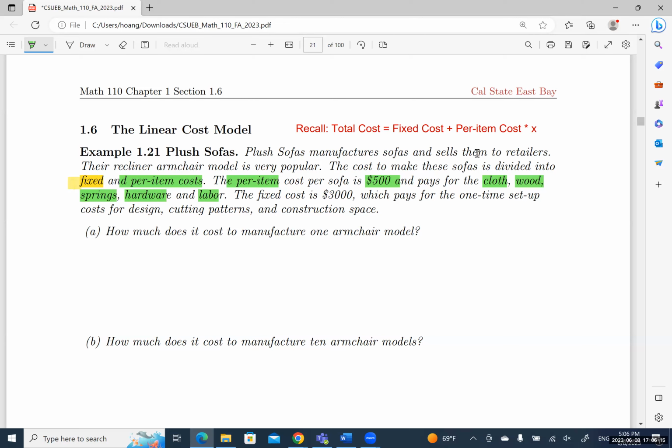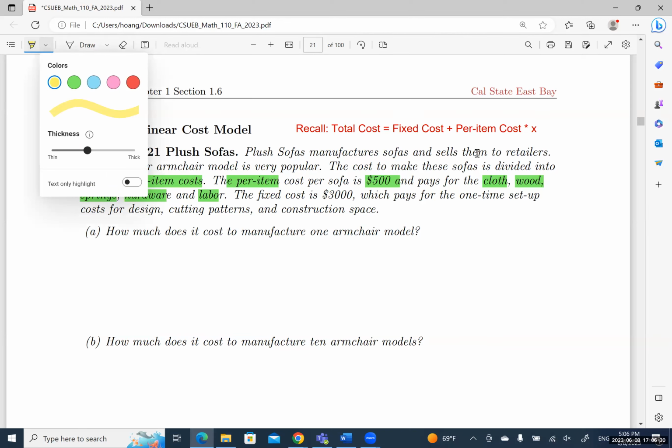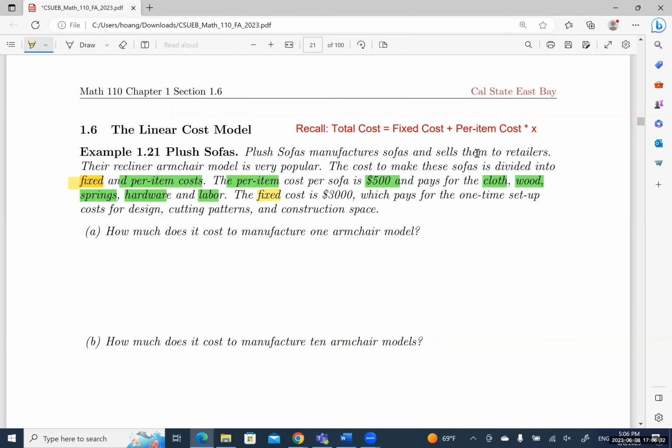So if they make more sofas, they have to pay more for this cost. That's the reason why we call it per item cost. All right. What else do we have? We have fixed cost, which is $3,000.